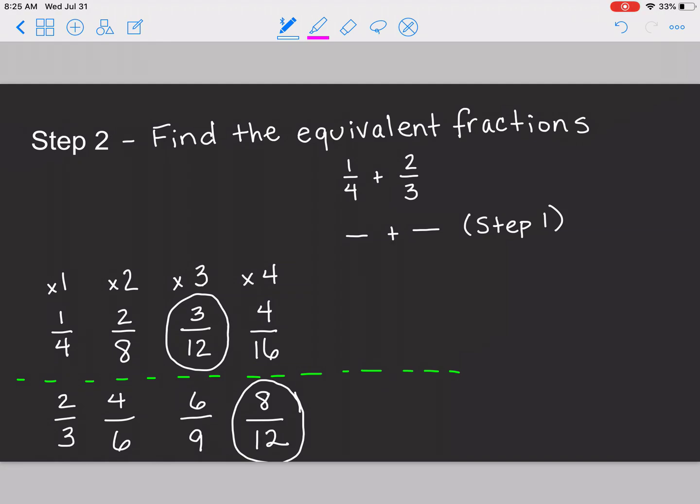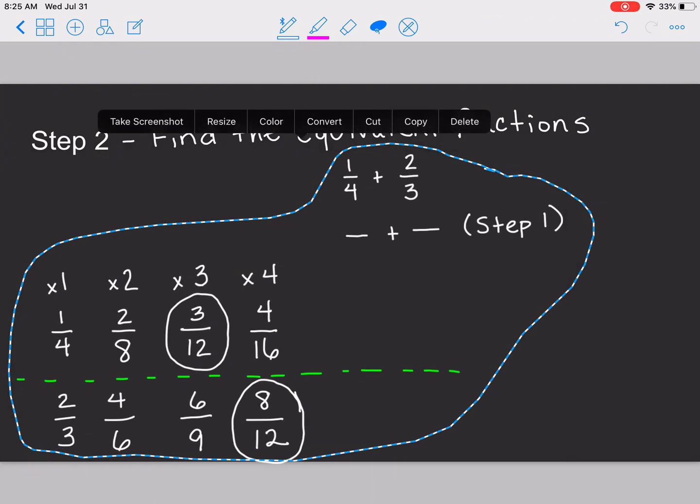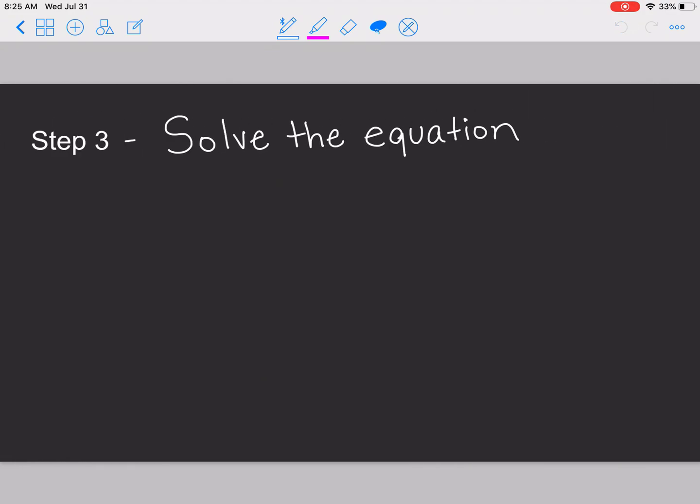So I'm going to take all this over to our last step, step 3. So I'm going to take all of this, we're going to copy and take this over to step 3.